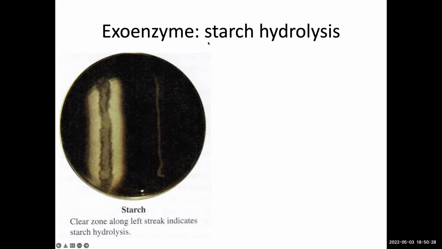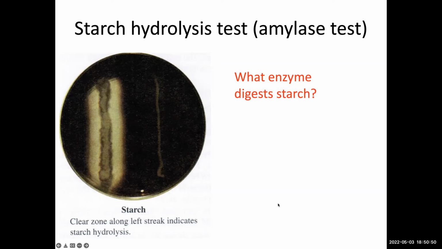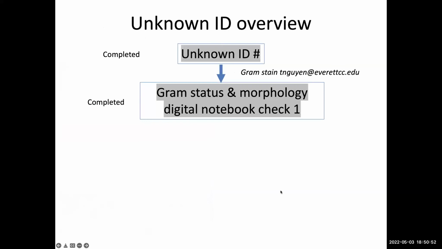Remembering that if you digest starch, you clear the starch. So everywhere that's dark, there's still starch. Here, there is no starch. Good. And what was that enzyme? Correct. It was amylase. Okay.